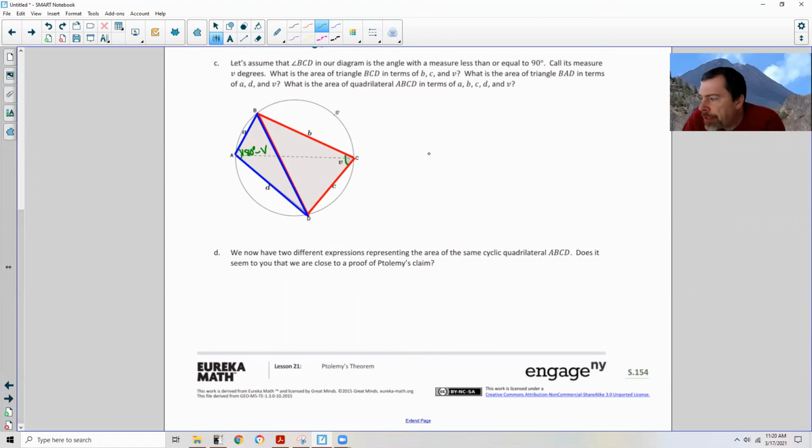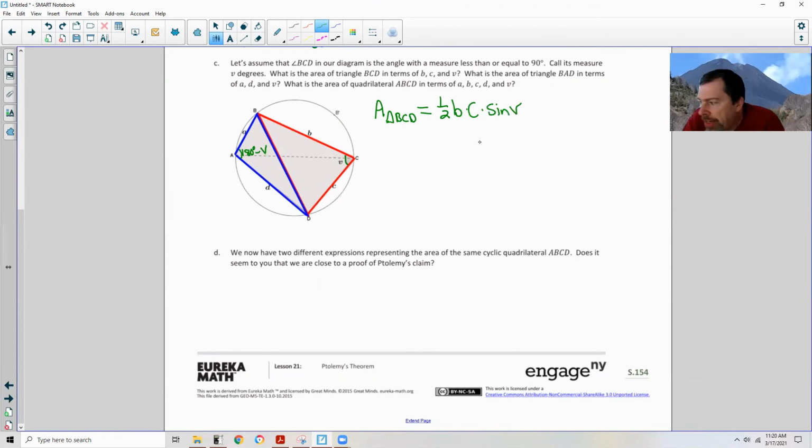The area of a triangle in terms of two sides and an included angle is 1/2 one side times the other side times the sine of the included angle.